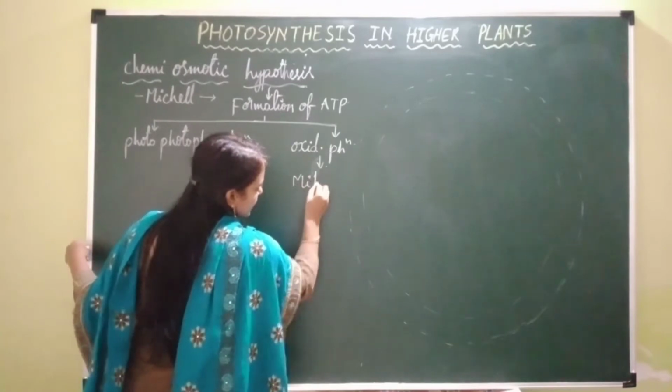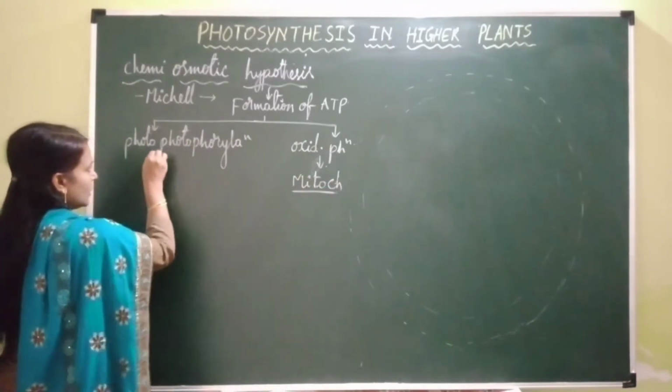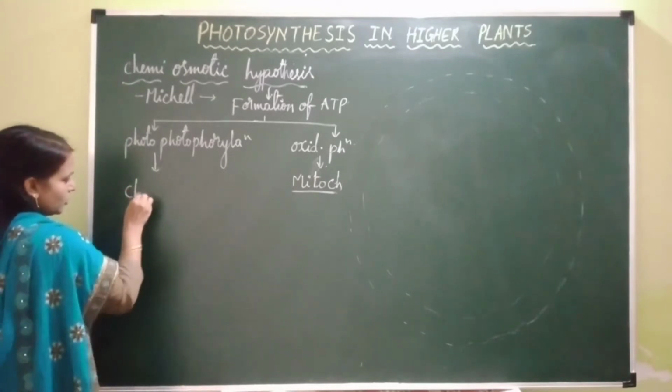So oxidative phosphorylation occurs inside the mitochondrion, whereas photophosphorylation occurs inside the chloroplast.